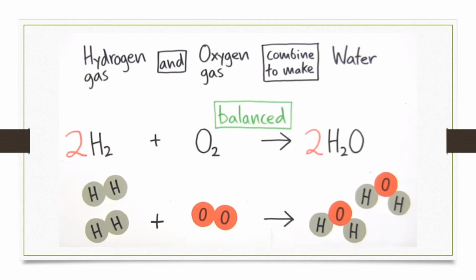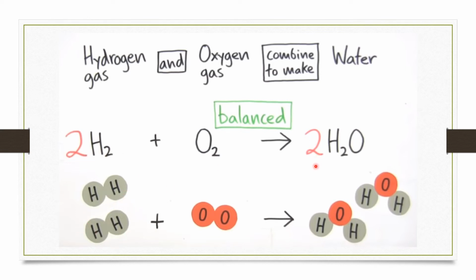To obtain the balanced chemical equation, we put the coefficient 2 in front of H2 on the reactant side. This shows that there are 2 molecules of hydrogen.